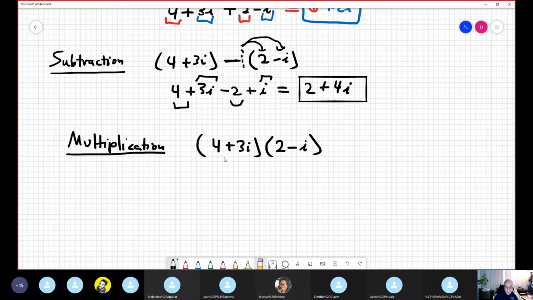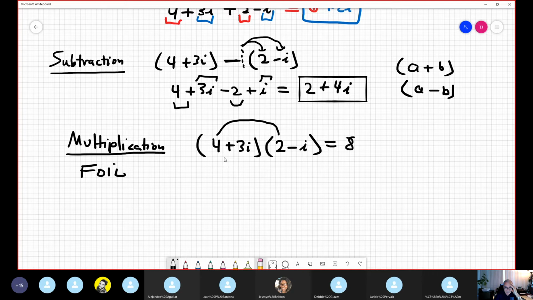So it's a plus b or a minus b, a binomial expression. And you FOIL, of course. 4 times 2 is 8. 4 times minus i is minus 4i. 3i times 2 is 6i. And the last case, 3i times negative i, which is negative 3i squared.